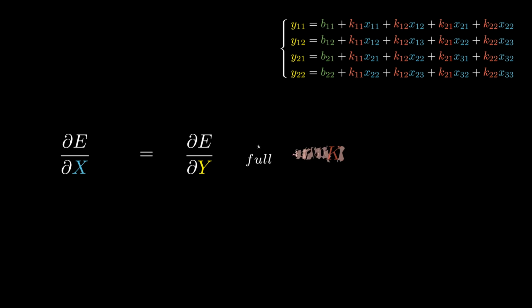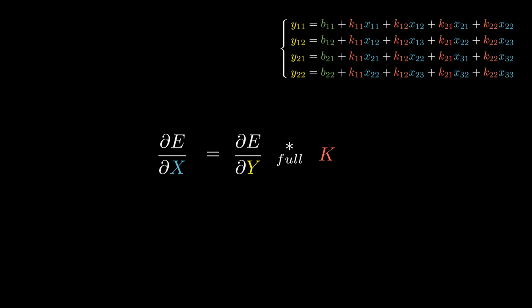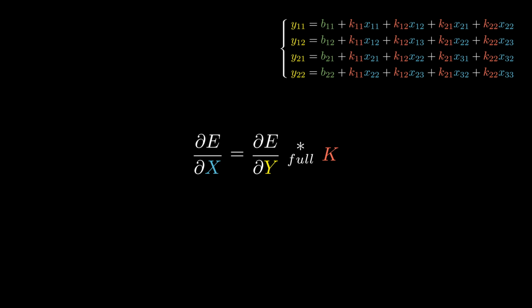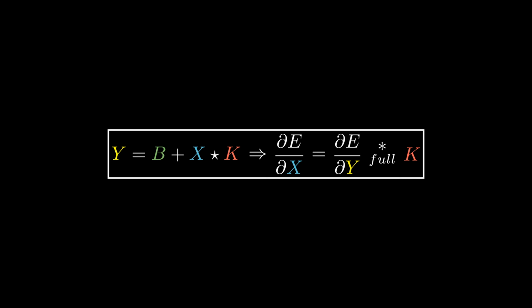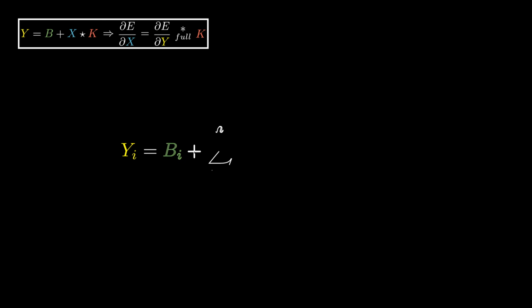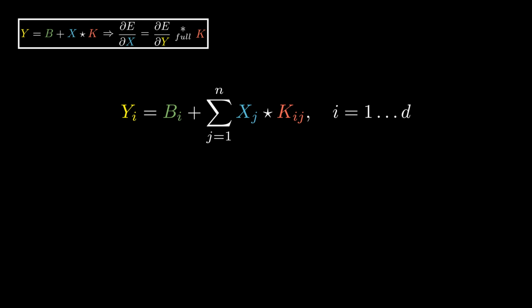So the final result is that the input gradient is equal to the output gradient fully convolved with the kernel. In my opinion, that is a really compact and beautiful formula. Don't get happy too soon though, this is the simplified version. Let's carry out the calculation for the actual forward equation.